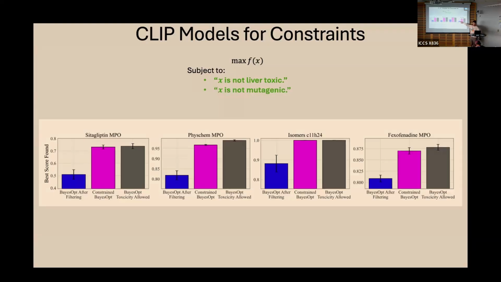The blue bar is take this set of molecules produced by Bayes opt with no knowledge of the constraints, and post hoc filter those molecules with the constraint model, right? So I'm asking the question, now I'm going to throw away every molecule that your optimizer found if it doesn't have a good toxicity profile, for example. Either we predict it's liver toxic or we predict it's mutagenic, right?